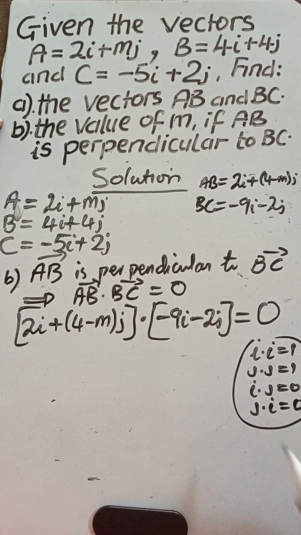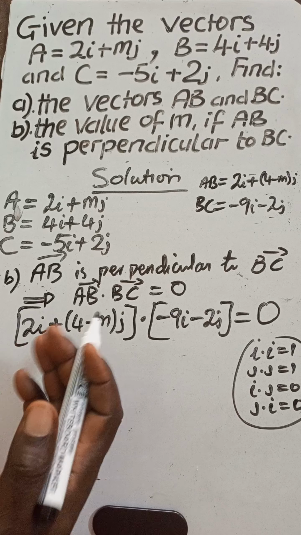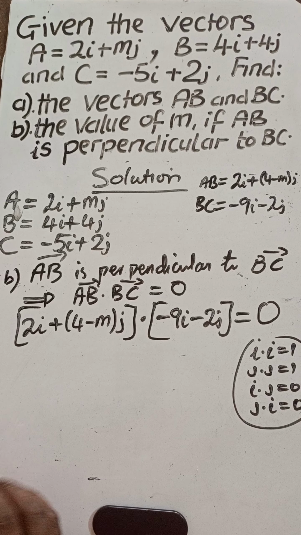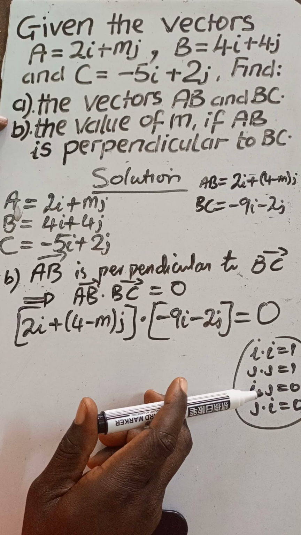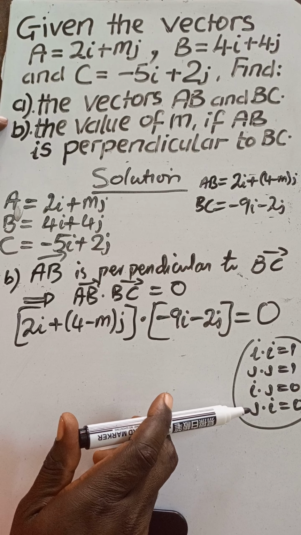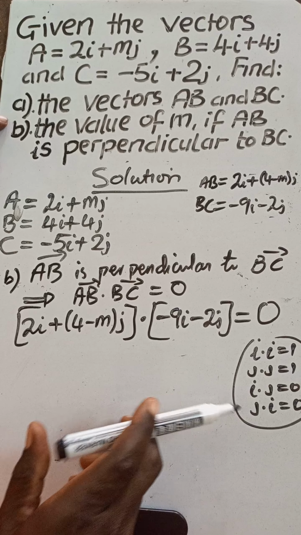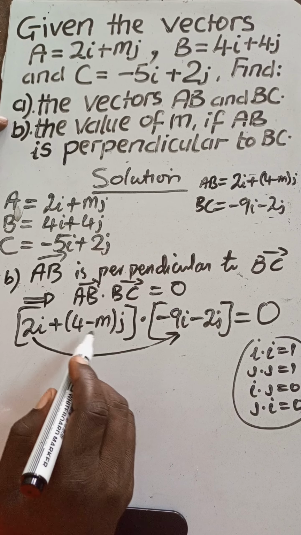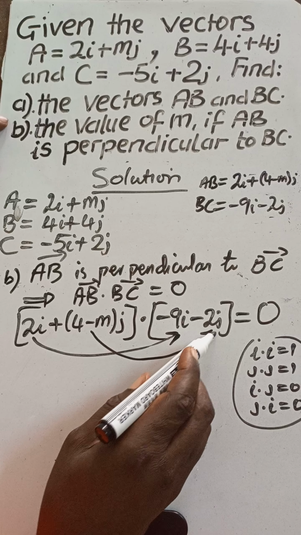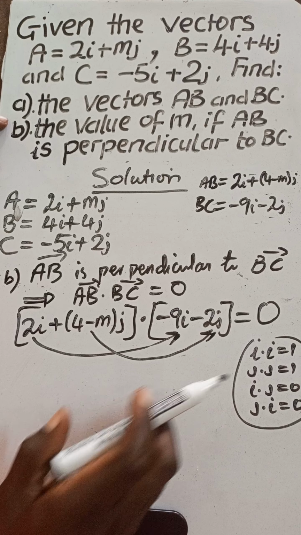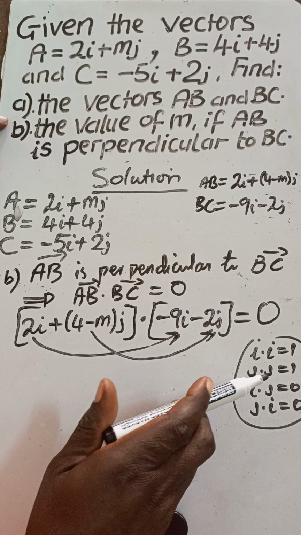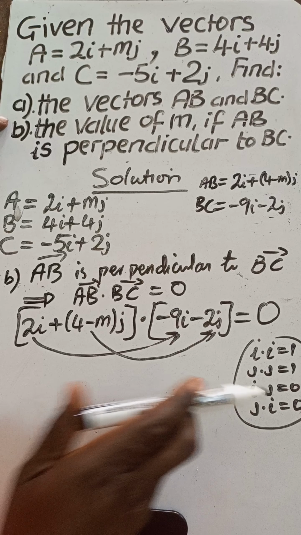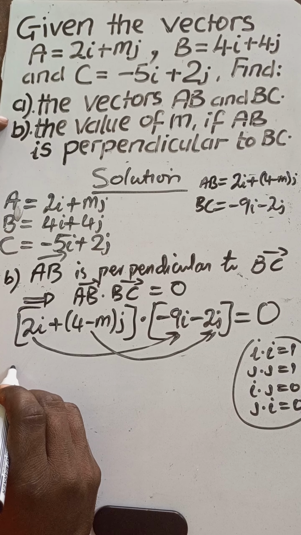So when we remember this, we can facilitate our work. There's no need to take any i dot j or j dot i components. We'll just say i goes with i and j goes with j. That's all, because i dot i is 1, j dot j is 1. Any mixture will just give us 0.